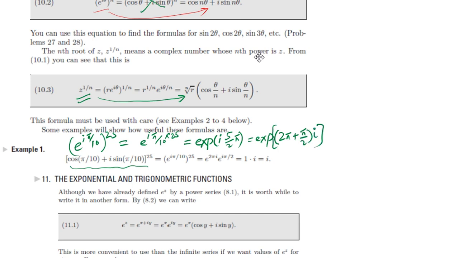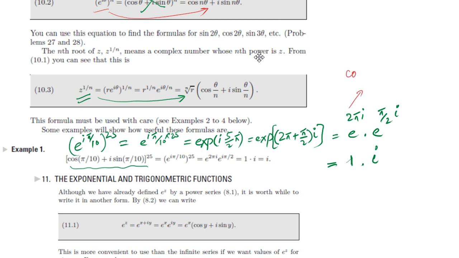Write it like this, and you have now in principle e to the power 2 pi iota times e to the power pi over 2 iota, and e to the power 2 pi iota is basically 1, and e to the power pi over 2 iota is iota. So you can check this rather easily.